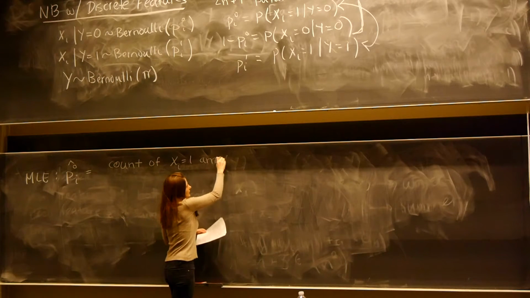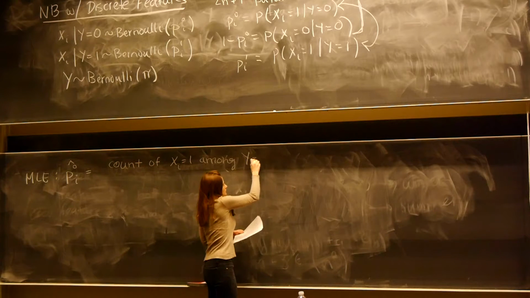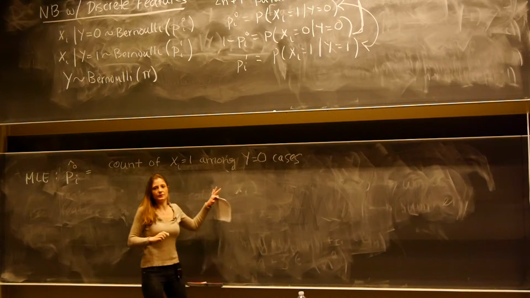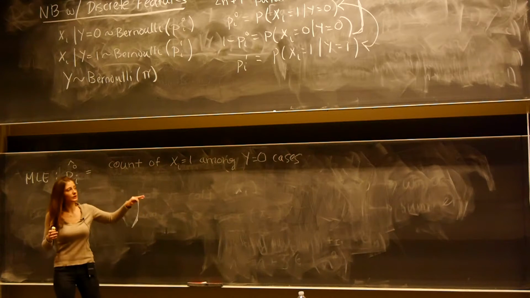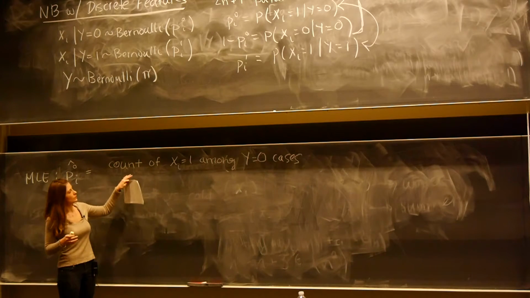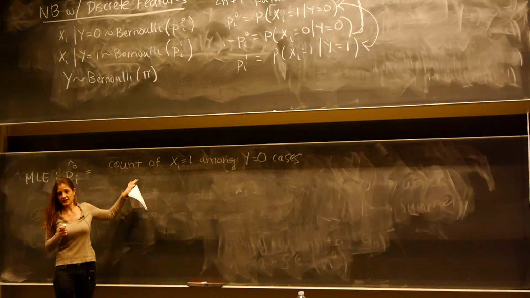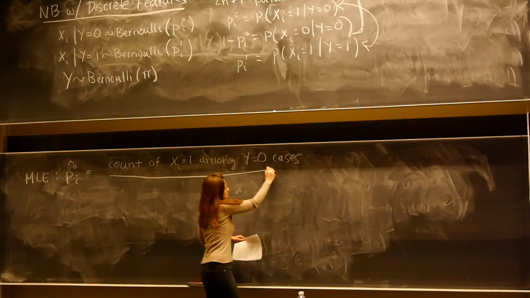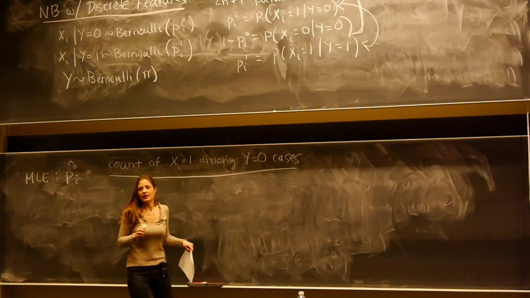So ultimately, this is going to be the count of xi equals 1 among cases where y equals 0, right? We have a bunch of training examples. We look only at the ones where y equals 0. We count the number of times that we see xi equals 1, and that's our numerator. And then we divide by, anyone want to tell me what we divide by?